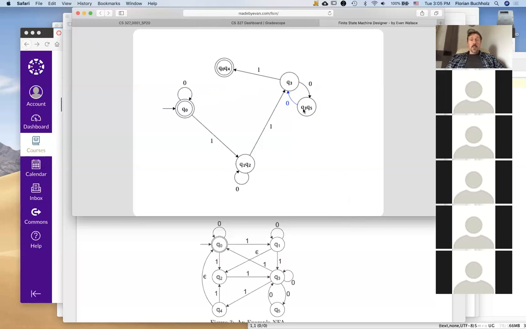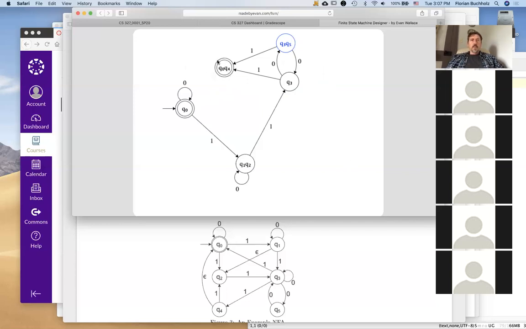So we were here and on a 1. So on a 1, again, we can do the Q0, Q4 from here. And there is not a transition on 1 for Q5. So this one too would have this 1 transition here. Like that.